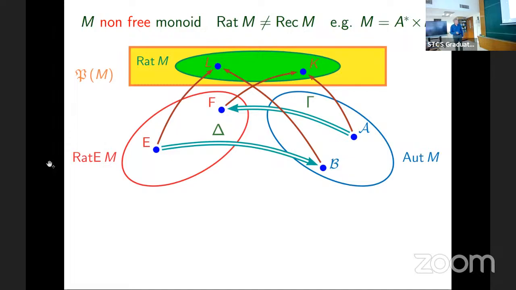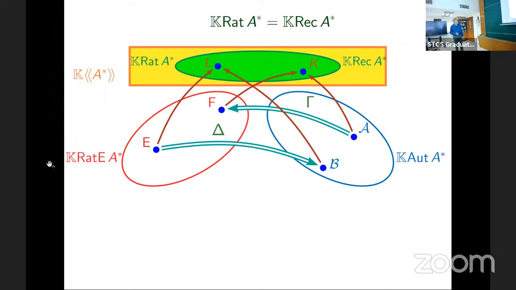And it turns out that the same result holds, even though what everybody would call the recognizable subsets of them are not the rational ones, the sets denoted by regular expressions.